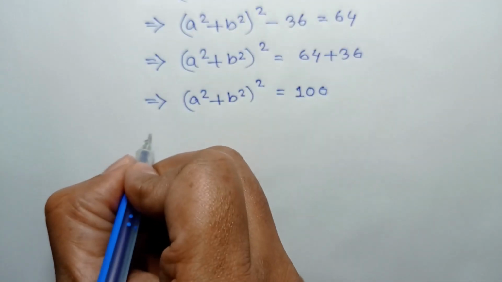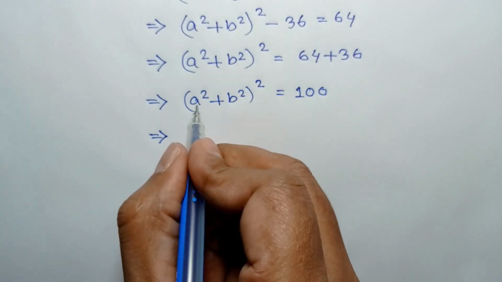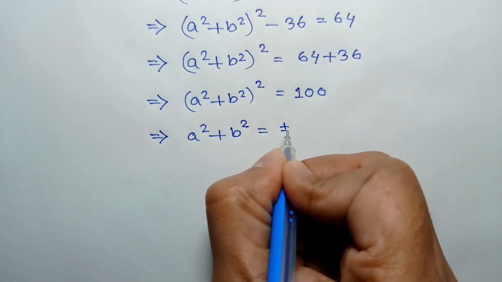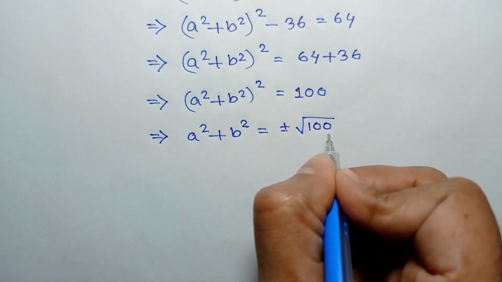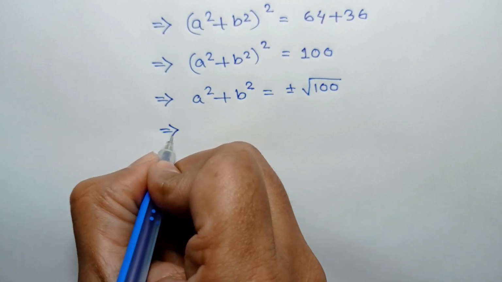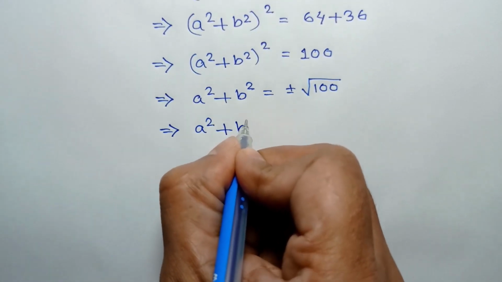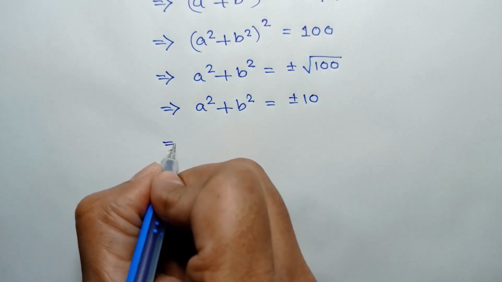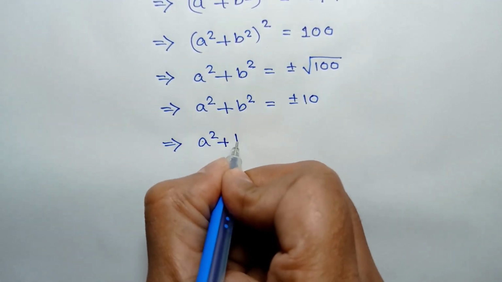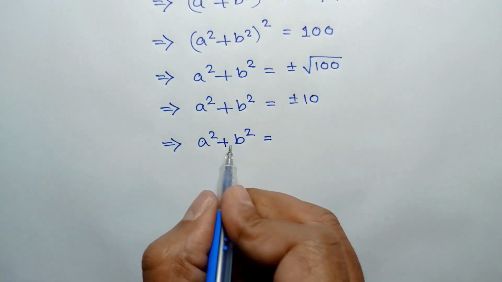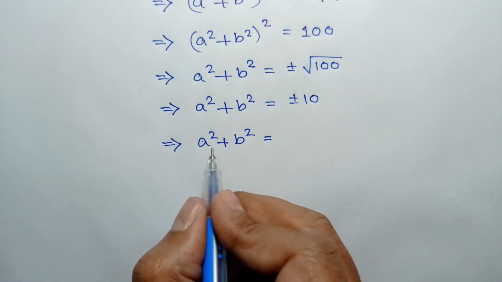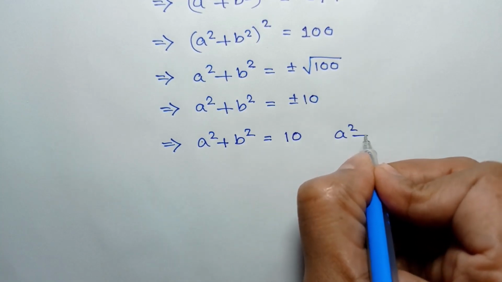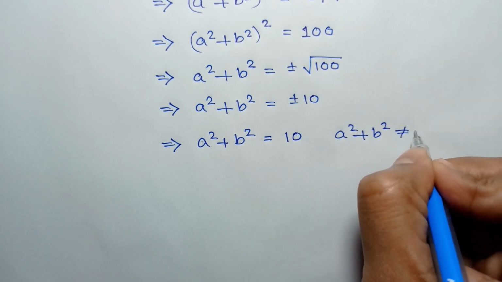Now taking square root on both sides we will have a square plus b square is equal to plus or minus square root of 100, or a square plus b square is equal to plus or minus 10, or a square plus b square is equal to, for real numbers the sum of two squares cannot be negative, so this will be positive, as a square plus b square is not equal to negative 10.